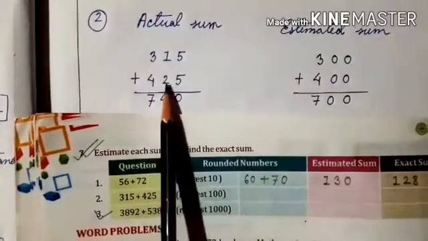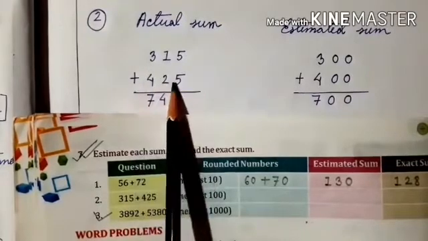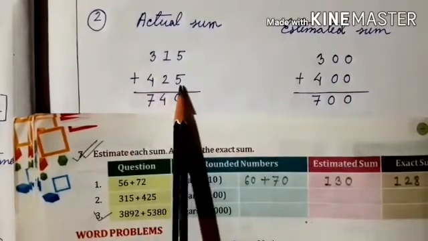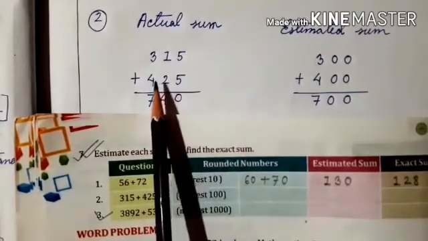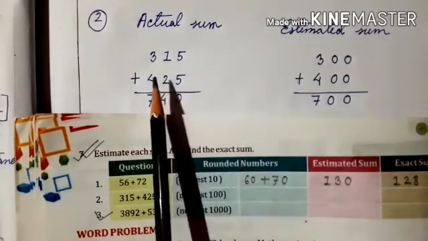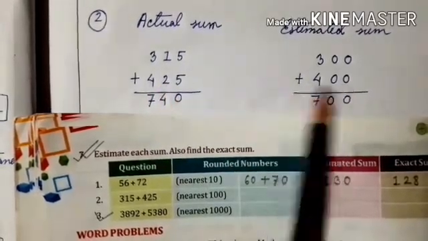Now we round off 425, okay? Leaving the hundreds place, the remaining number is 25, right? So 25 is less than 50. So again the digit in the hundreds place stays the same, 4 stays 4, and the ones and tens places become 0, right?